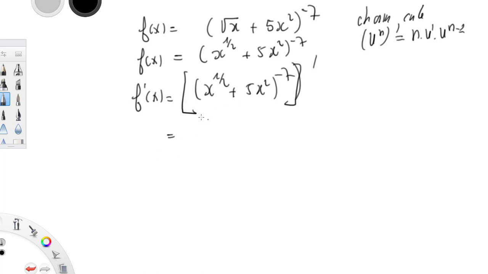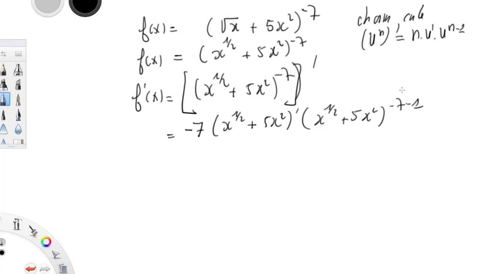So now, n is negative 7, so we have negative 7 times (x to the power of 1 over 2 plus 5x squared) prime, multiplied by (x to the power of 1 over 2 plus 5x squared) to the power of negative 7 minus 1, because you do n minus 1 at the end. n is negative 7, you do negative 7 minus 1, right?